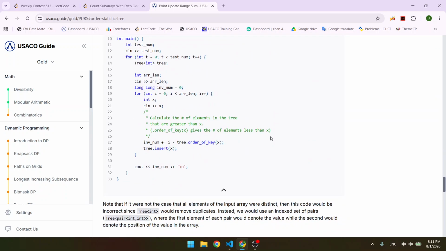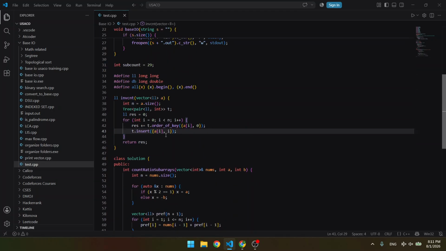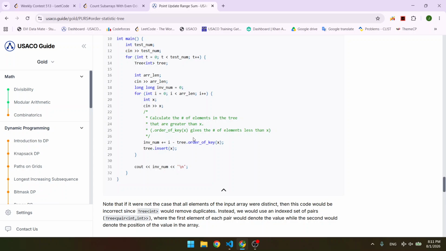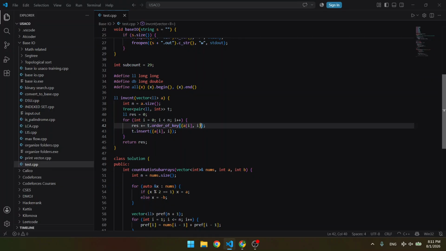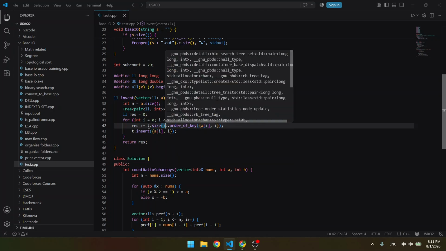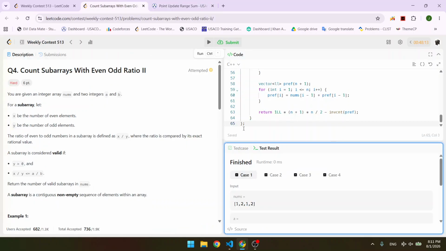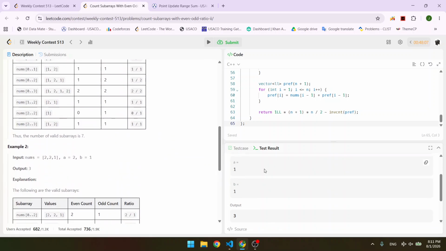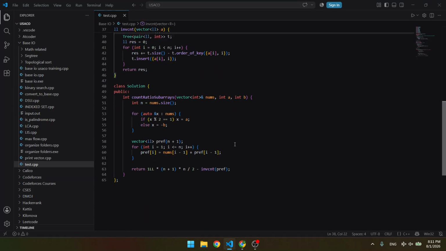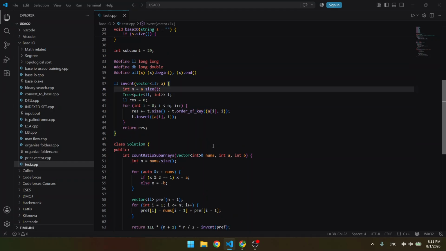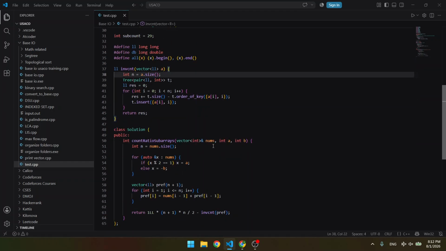Inversion counting. Over here. Where could this go wrong?